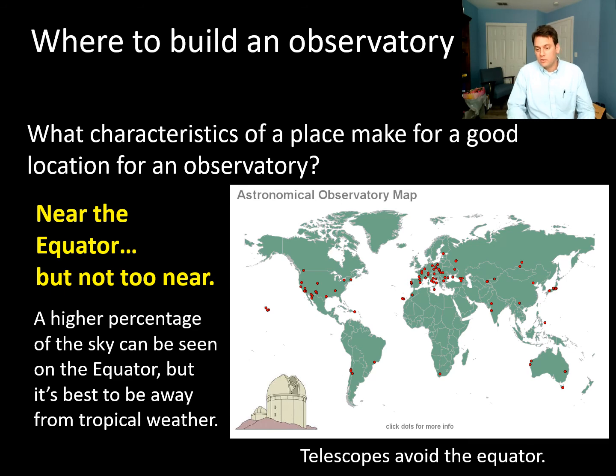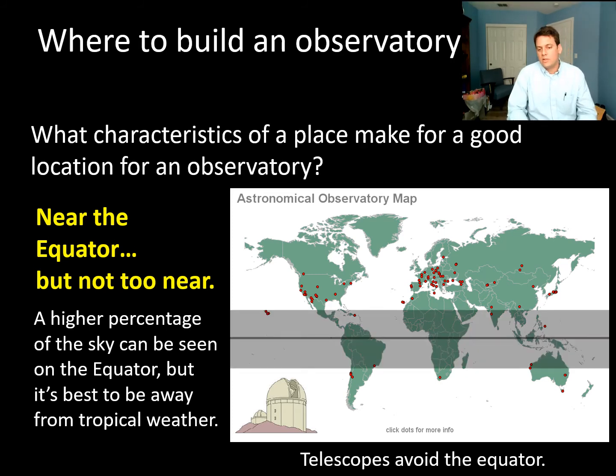And so you're trading things off here, because you don't want all the moisture, you don't want the tropical weather, you don't want rain, you don't want clouds, right? I didn't mention clouds before, but certainly if you're somewhere where it's wet enough, you're going to get clouds, and that's a total disaster for observing. So that's why you would like to be near the equator, but not too near. Okay.